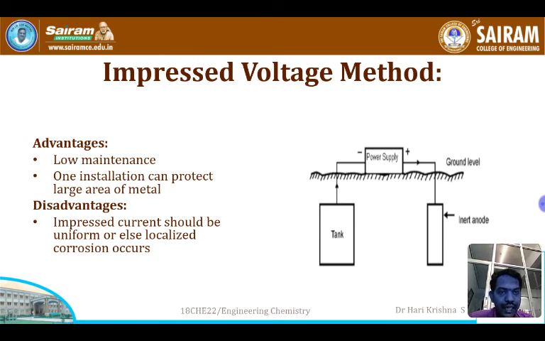If the electrons are not distributed equally on the surface of the base metal, for instance the tank, then minute galvanic cells will be formed on the surface of the structure to be protected, and severe corrosion might occur.